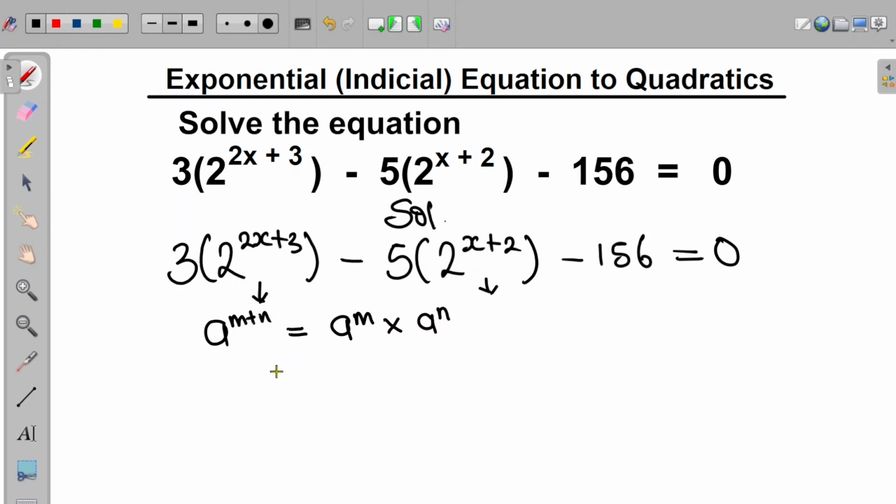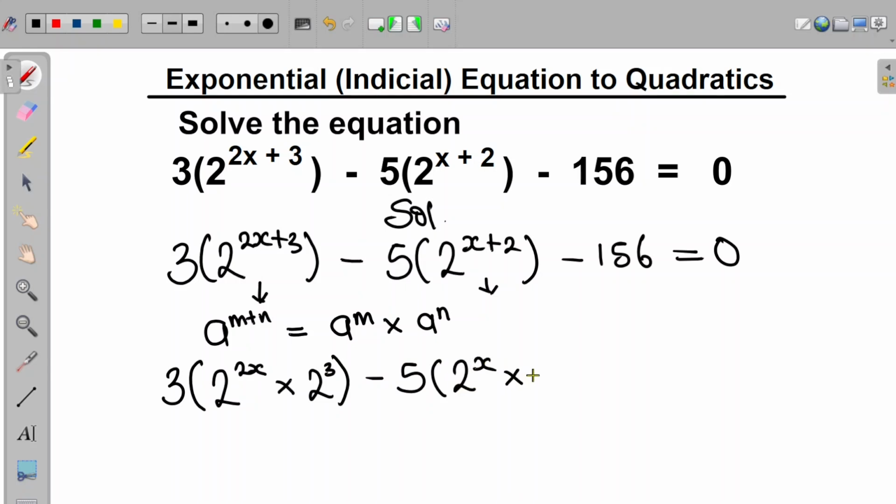So therefore, this becomes 3 multiplied by 2 to the power of 2x times 2 to the power of 3, minus 5 multiplied by 2 to the power of x times 2 to the power of 2, minus 156 equals 0.